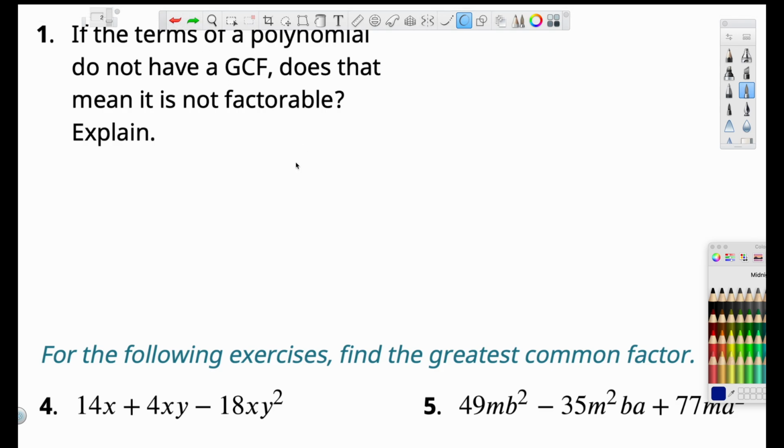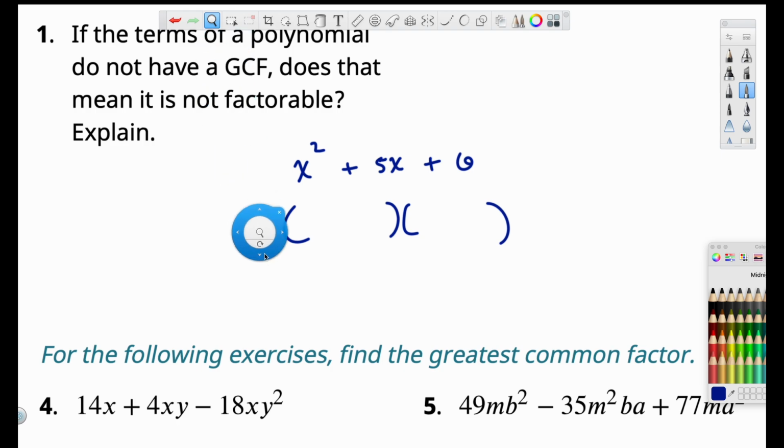But what if we have something like x squared plus 5x plus 6? Think about this polynomial right here. Is it possible to factor that? Think about what we would do here to factor this thing, and if it's yes or no. So I'm going to go ahead and let you think about that one.